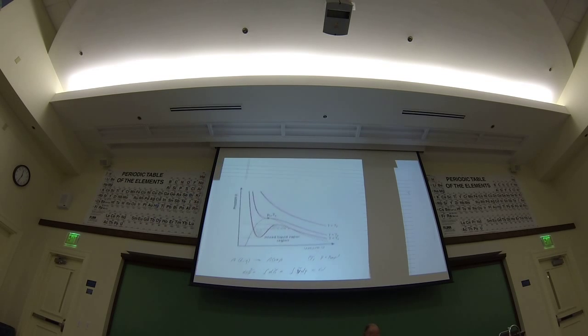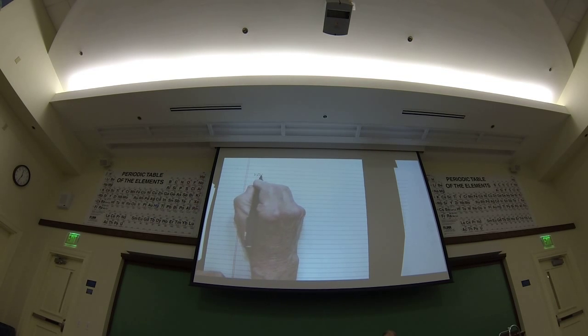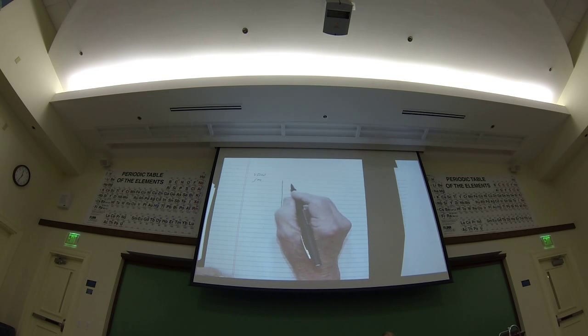If we do that, then I should have another drawing here, but then the Van der Waals gas would look like something like this. It's easier to call this dome here.